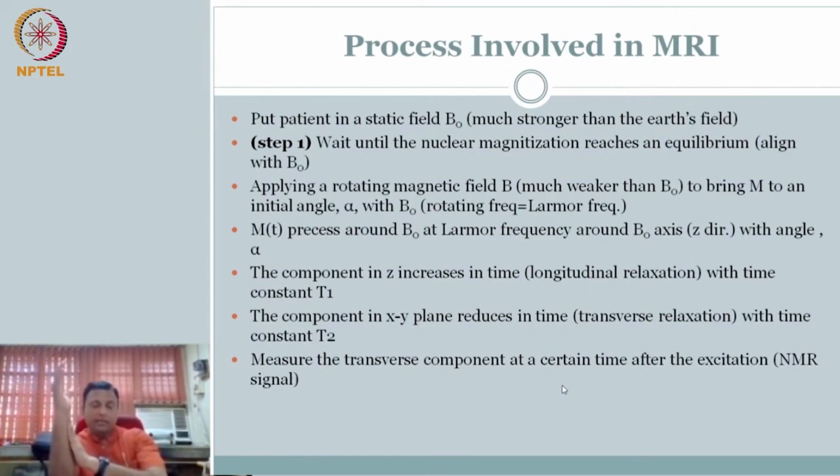I have given another rotating magnetic field, made everything coherent, and pushed the value to the XY plane. Now if I remove that external rotating magnetic field, it will start to relax. That means it will start to dephase. So your component in the transverse plane is going to go to 0, but it is going to try to align itself to the external magnetic field. So your Z component will go up. That is what they mean by relaxation.